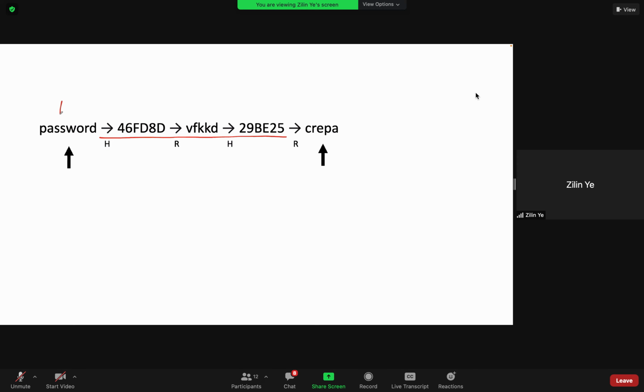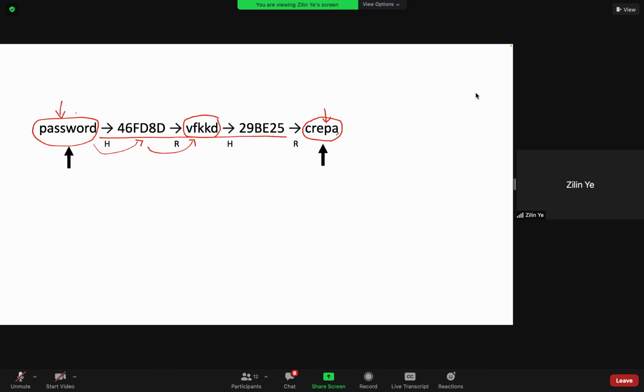We only store these two, the password and the final hash, because with the head of the chain and the tail of the chain, we can easily compute all the intermediate values on the fly. I have my initial value, then how do I get this one? I just use my password, hash it, and reduce it. Then I will get this one, right? So it's easy to reconstruct the whole chain just by knowing the head and the tail of this chain.